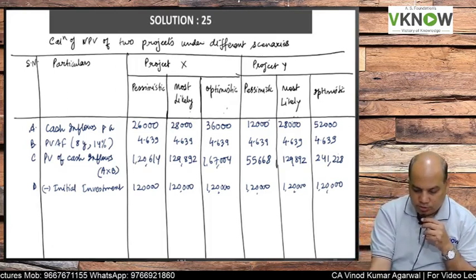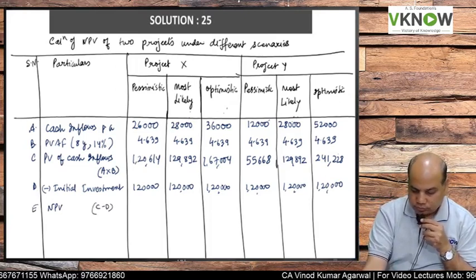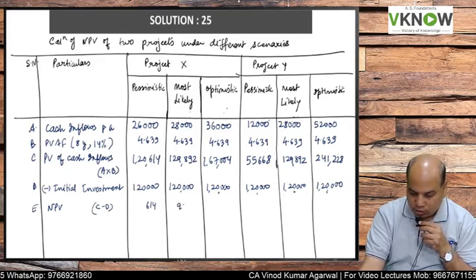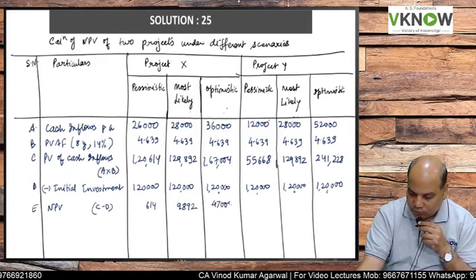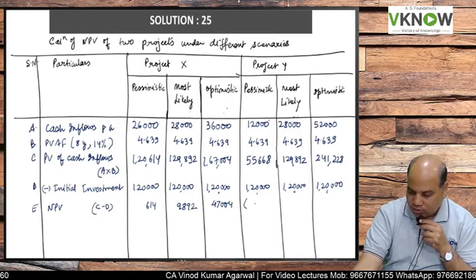So what will be point number E now? NPV, C minus D. Come on. 614, 9892. Without calculator you can try. 47004.